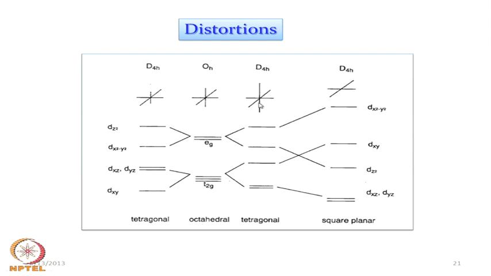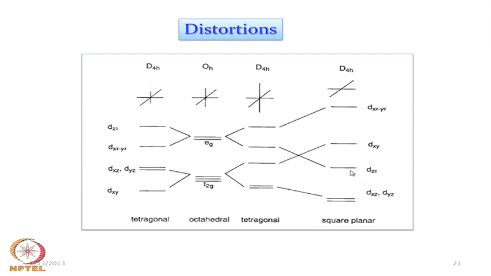And if we further take out this z axis to infinite distance, which we have discussed right now, that is a situation where the symmetry is changing from d4h to d4h, but we do not have the z ligands. The coordination number around the metal ion is changing from 6 to 4, and we have further destabilization of the dx square minus y square orbital and further stabilization of dz square, because we do not have any interaction along the z axis.